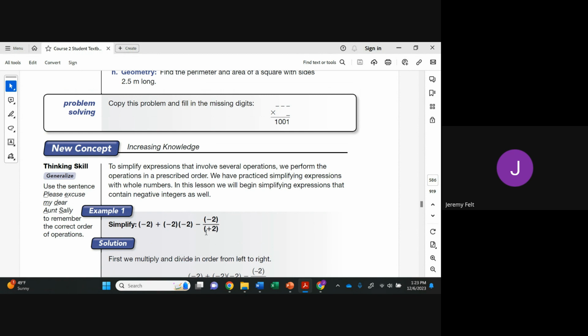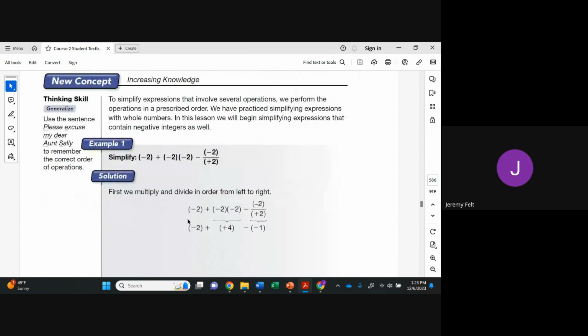Okay, so order of operations, I have multiplication, division, addition, and subtraction. So I need to multiply and divide before I add or subtract. So -2 times -2 becomes +4. -2 over +2 becomes -1, but then I'm minus -1, so it's going to become +1. So -2 plus 4 plus 1.